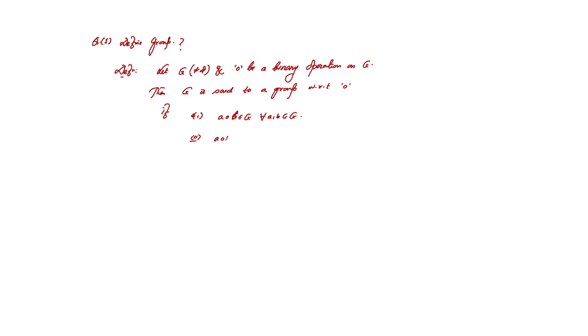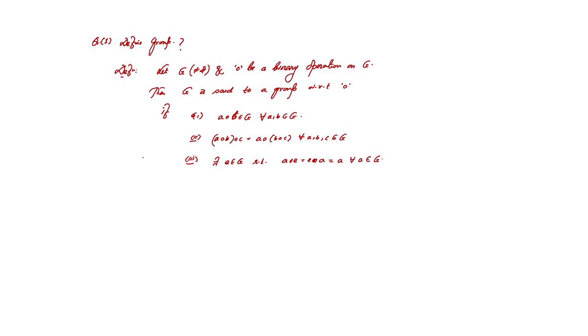That means (a ∘ b) ∘ c equals a ∘ (b ∘ c) for all a, b, c belongs to G. This is called the associative property. And 3, there exists an element e belongs to G such that a ∘ e equals e ∘ a equals a for all a belongs to G. This is called the existence of identity.